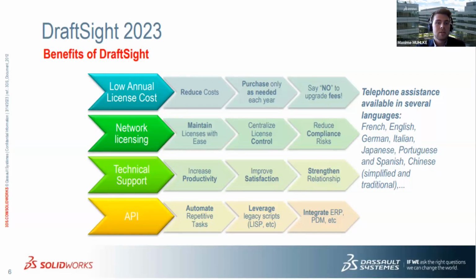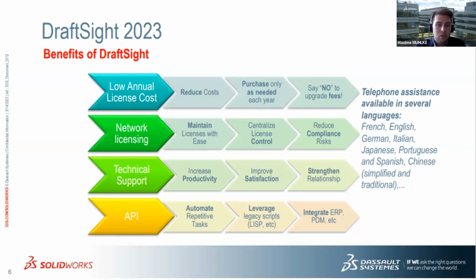So low annual license costs, and the ability to work with network licenses, so to have a number of licenses that matches your need, because we all know that lots of people using 2D nowadays do it pretty much for opening a plan, taking a quotation, and making a few modifications. And sometimes it's 10 minutes a day, and sometimes it's not even twice or 3 times a week.